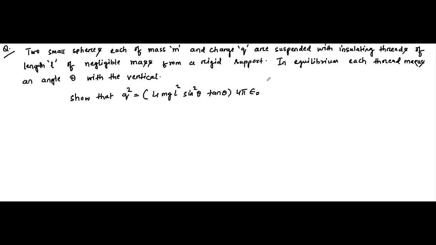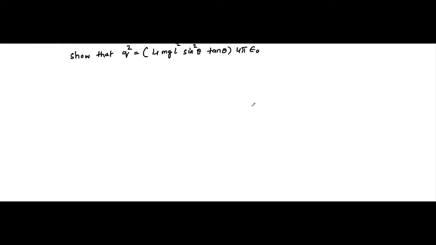We have to show that q square is equal to 4 pi epsilon 0 mg L square sine square theta tan theta. First we have to draw a diagram converting the information which has been given so that we can understand this question in a better way.